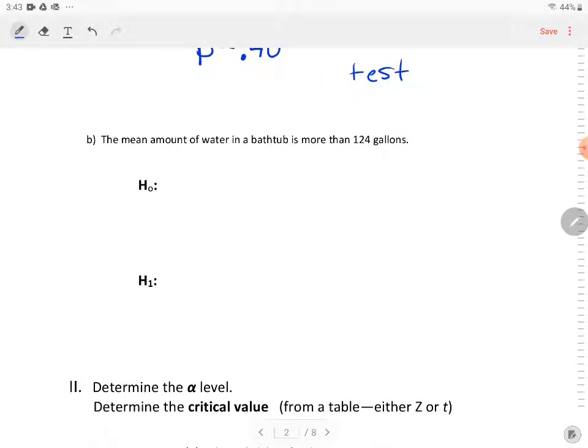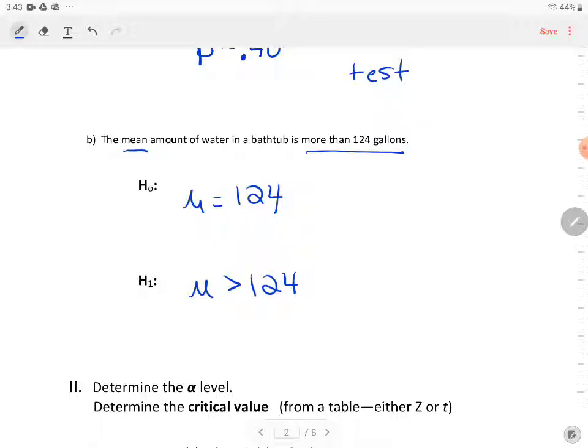Okay, the mean, here's mean, different symbol. The amount of water in a bathtub is more than 124 gallons. So we want more than 124 gallons. So that means mu is greater than 124, or mu is equal to 124.